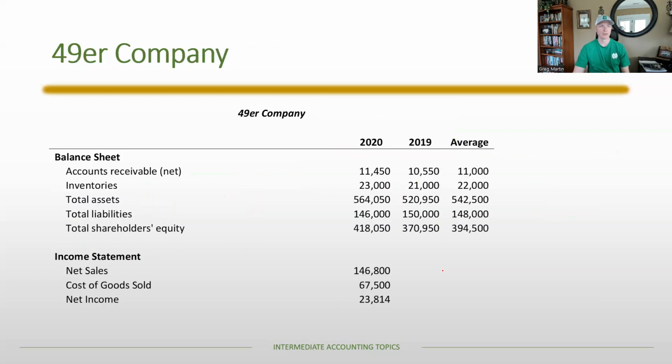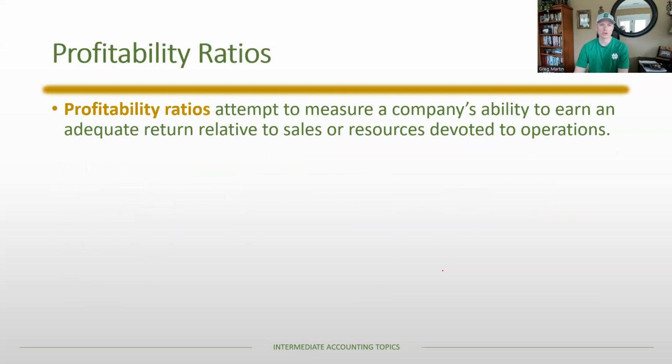Okay. So now we're going to be turning our attention to profitability ratios. And so with our profitability ratios, I think we're going to cover 3 more. Yeah, 3 more profitability ratios. And so again, profitability is like, are you able to generate a return? Again, it's return relative to something.